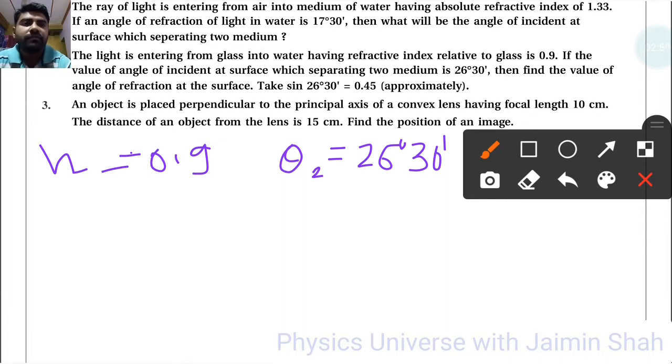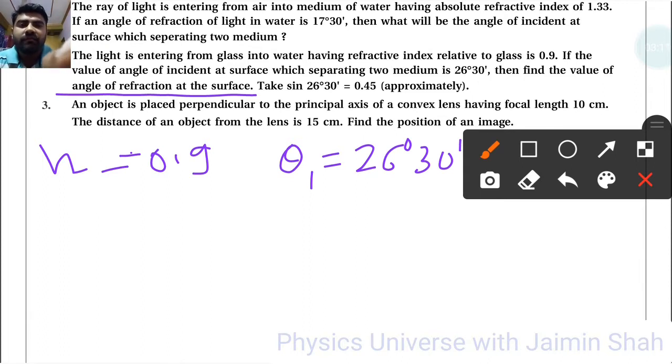So rather I have to write here theta 1 is equal to 26 degree 30 minute, and we have to find the angle of refraction now, right?